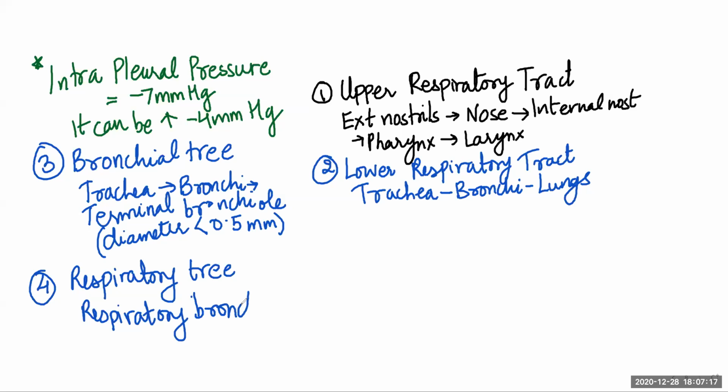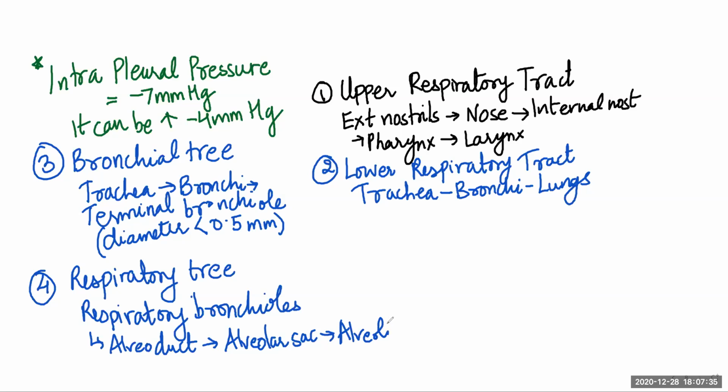Respiratory bronchioles, they will branch to form alveolar duct. Alveolar duct will have many bags called alveolar sacs, और हर एक बैग में बहुत छोटे छोटे alveoli होते हैं. Respiratory tree is also known as the respiratory part.